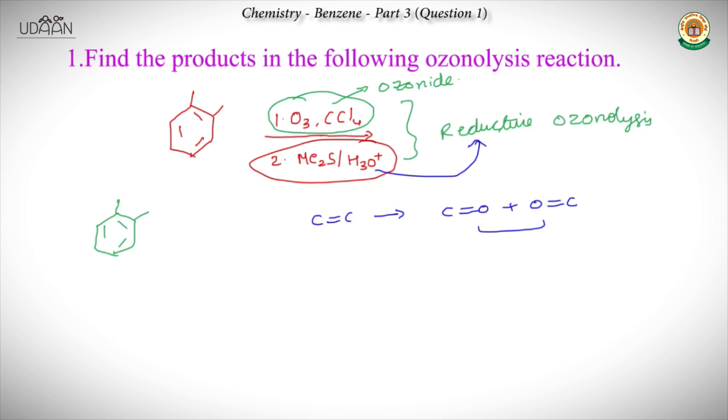Now I've already discussed the mechanism of it, so for this compound we'll just write the products. We have 3 C double bond C's. One is this, one is this, and one is this.